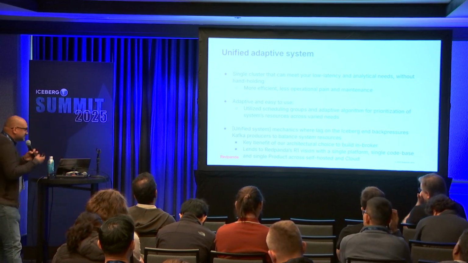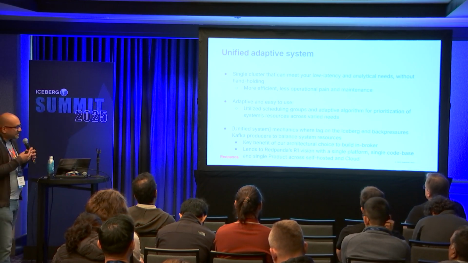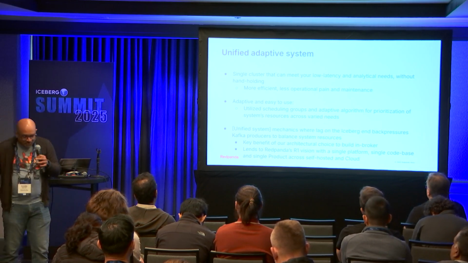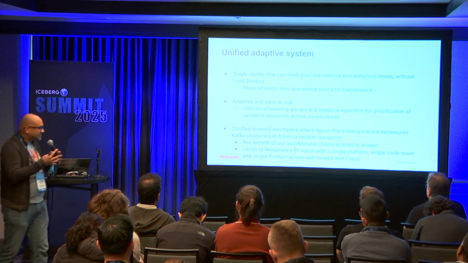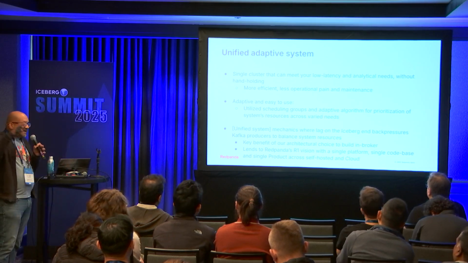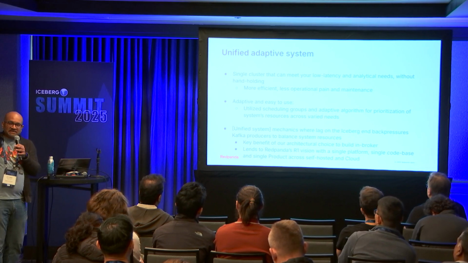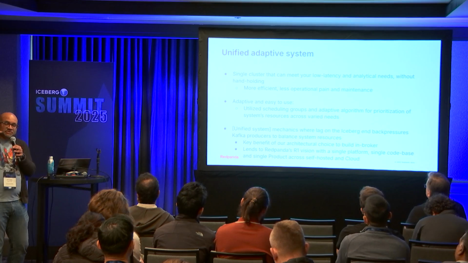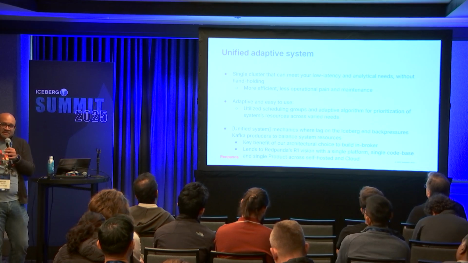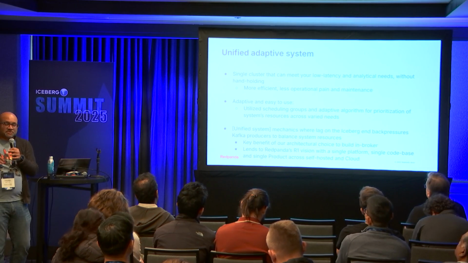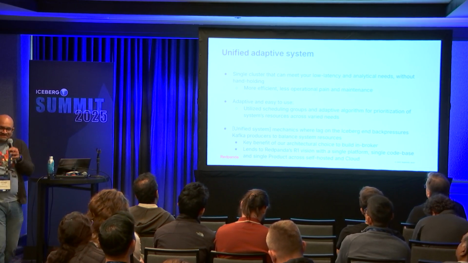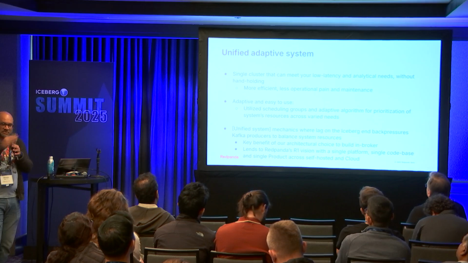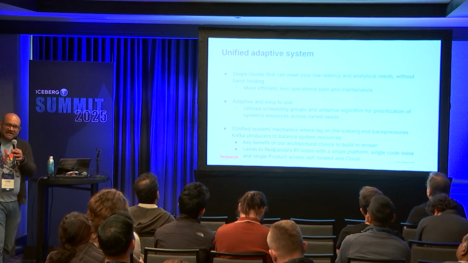A single unified system also lends itself to a self-adaptive system where, if you have Iceberg lag increasing, we can go ahead and back pressure the Kafka side so that you as the user are not managing or babysitting the resources, or you don't have to over provision your cluster. The cluster self-adapts to this balance between the Iceberg side and the Kafka side.